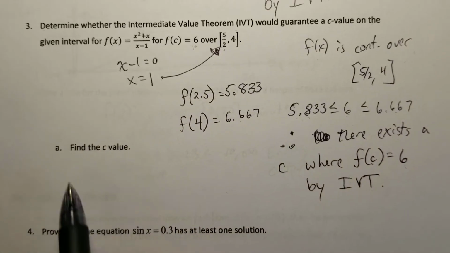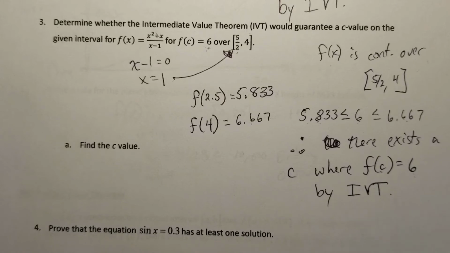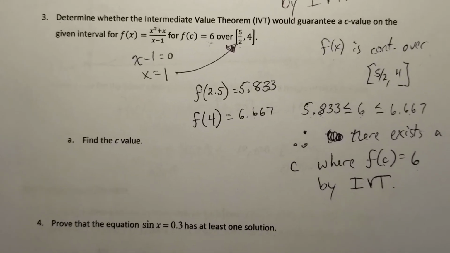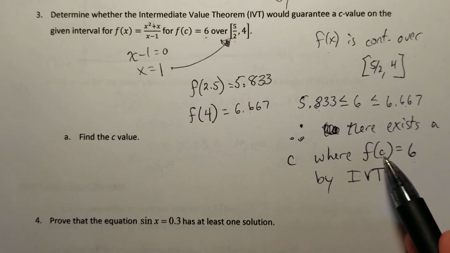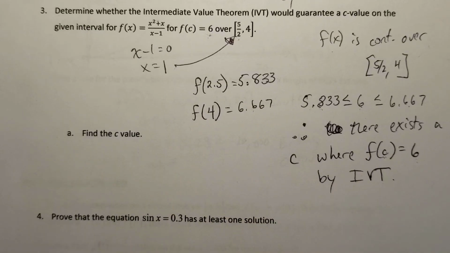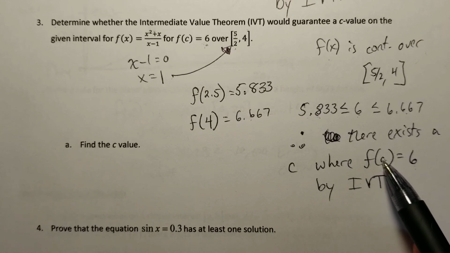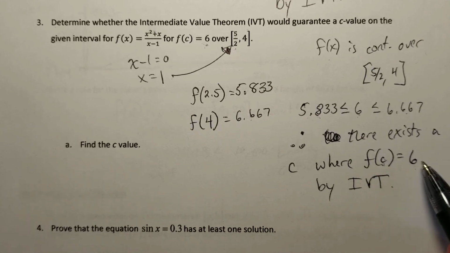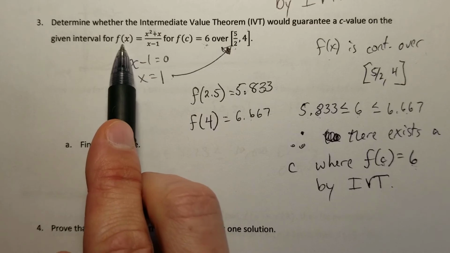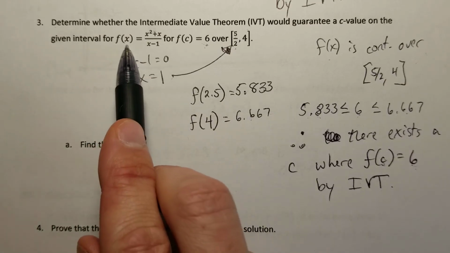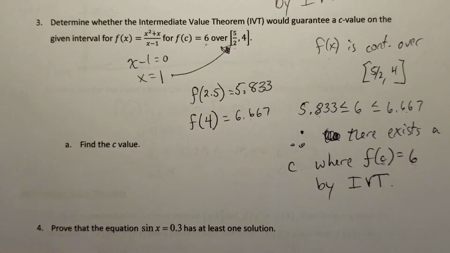Now, on some of these problems, they're actually going to ask you to find the c value. And for letter A here under number 3, that's exactly what they ask us to do. So we want to find the c value in which this occurs. Well, I want an input where the output of our function f of x is 6. So take 6 and plug it into the output of our function.